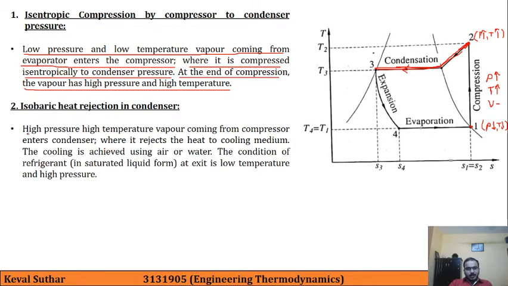Here the high temperature, high pressure vapor coming from the compressor enters the condenser. At point 2, it rejects heat to the cooling medium. The cooling is achieved using air or water. The refrigerant is in saturated liquid form at point 3 at the exit.